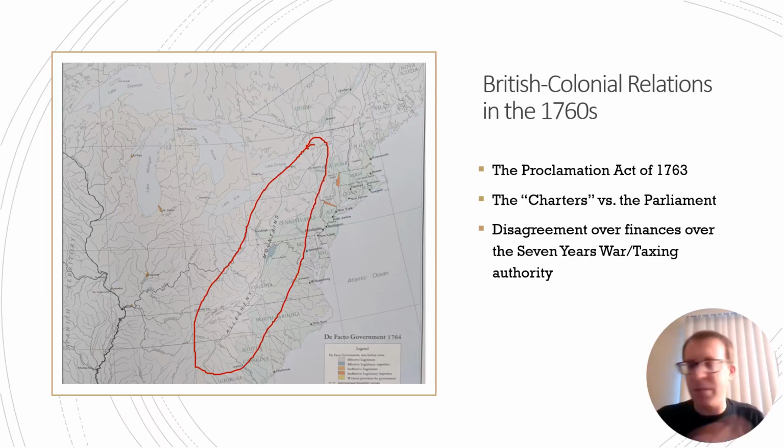And Parliament, meanwhile, is arguing that they are the sole political authority that should control and regulate laws in the American colonies. And again, with a treasury that is significantly depleted from the Seven Years' War, this became very important because the British Empire had to raise that money from somewhere. And Parliament was saying, it should be raised from the American colonies because we spent a lot of money defending them.